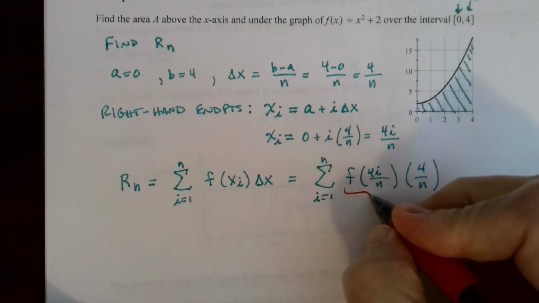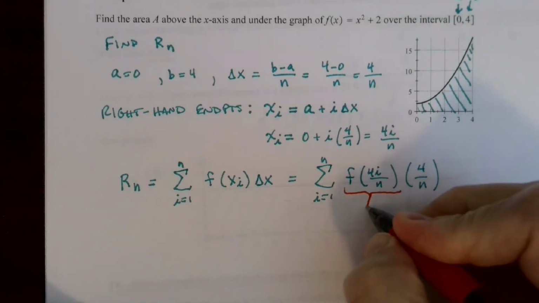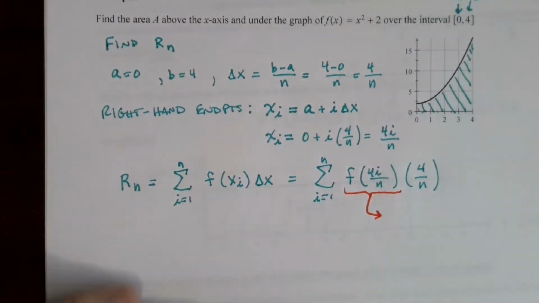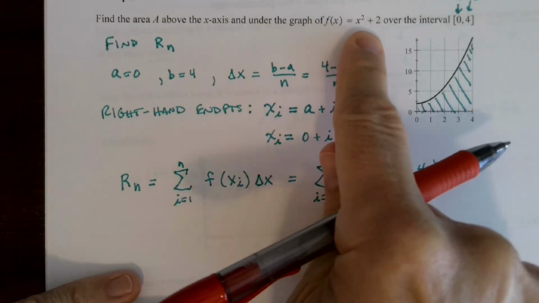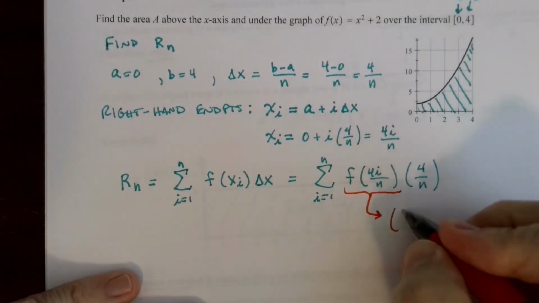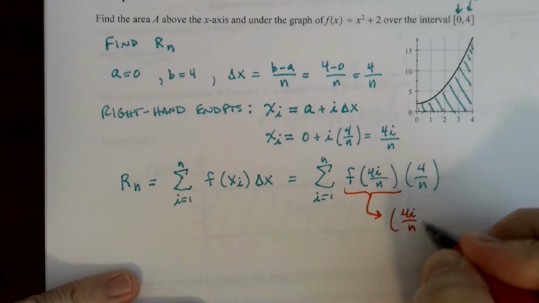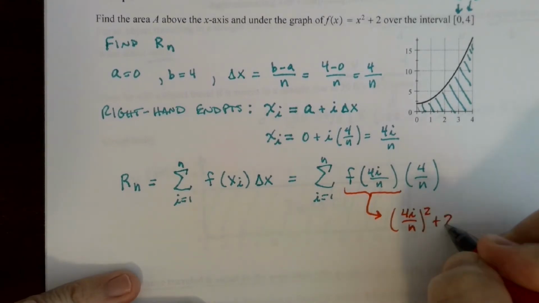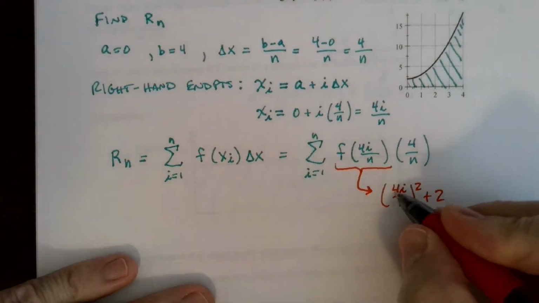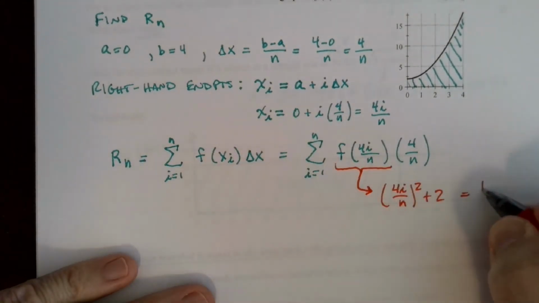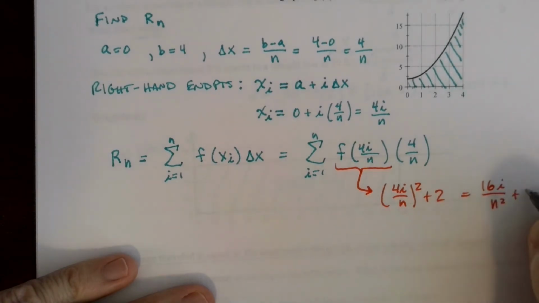This little bit right here. Well, I'm going to plug it into the function. Whatever I have as an input, I'm going to square it and add 2. So the input is 4i over n. I'm going to square that and add 2. Just evaluate that function at that expression. If I square 4i over n, I get 16i squared over n squared, plus 2.